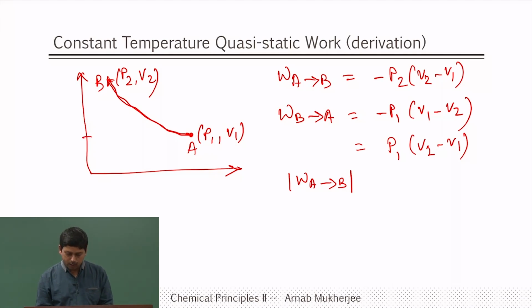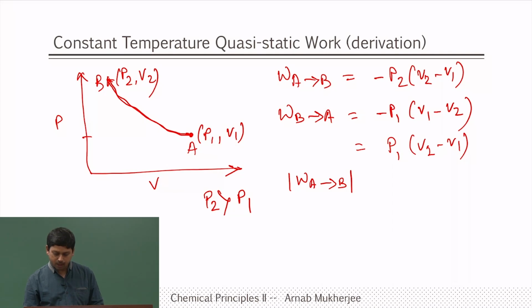Now, this is P and this is V. Now, we know that P2 is larger than P1, therefore, W A to B is greater than W B to A, the magnitude of the work, right.